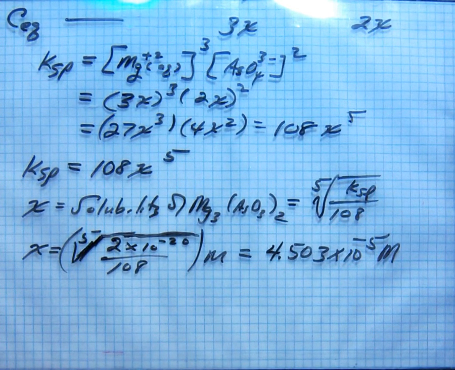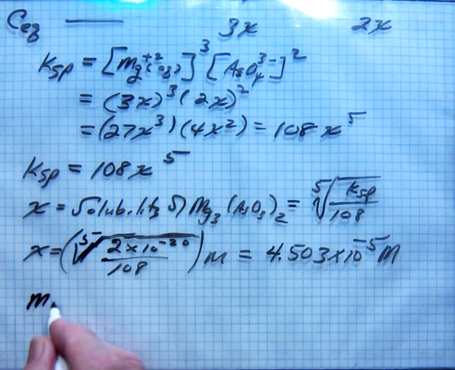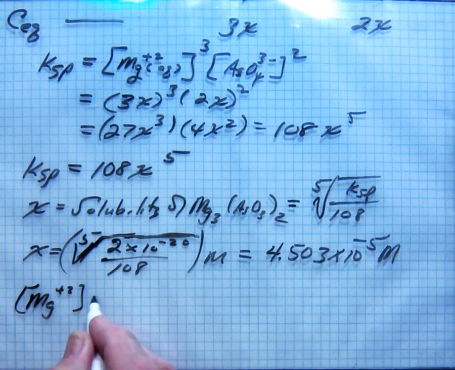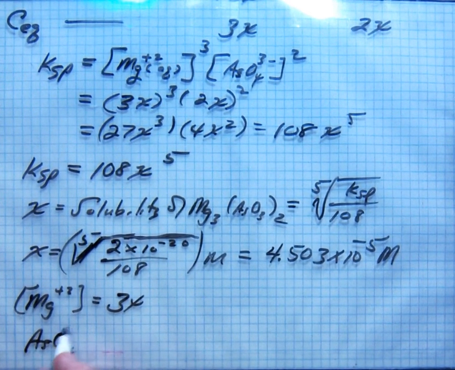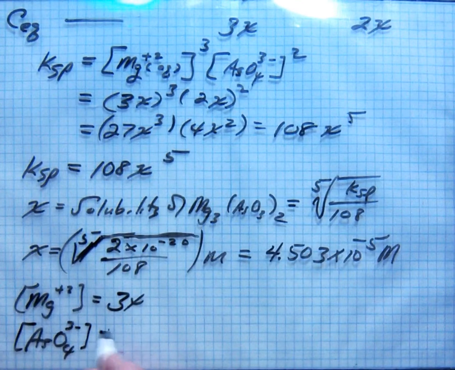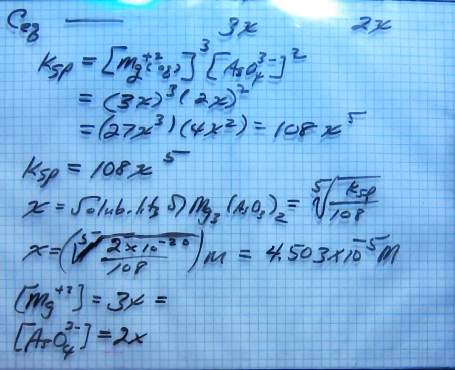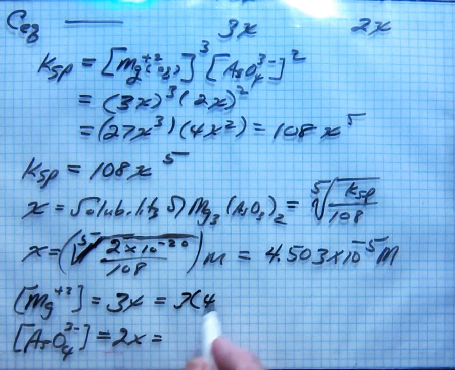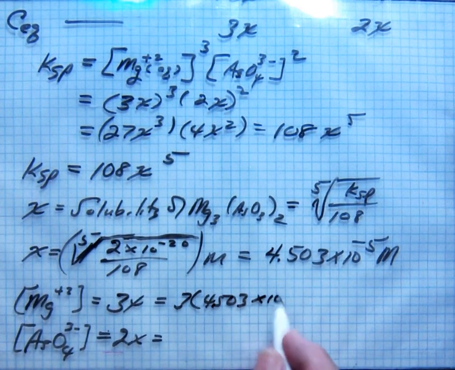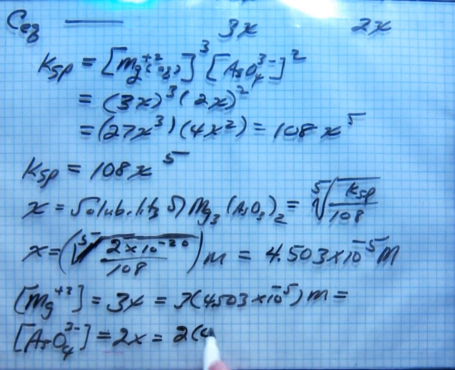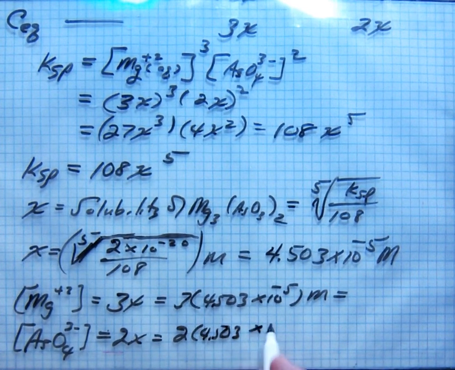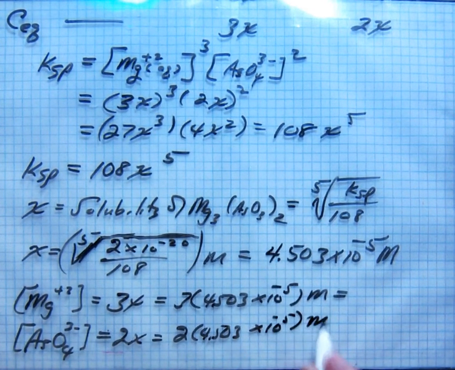But the concentration of magnesium is 3x, and the arsenate concentration is 2x. So you want to be aware of the equilibrium row multiples here, 2 and 3. So it's 3 times 4.503 times 10 to the minus 5 molar, and this is 2 times 4.503 times 10 to the minus 5 molar.